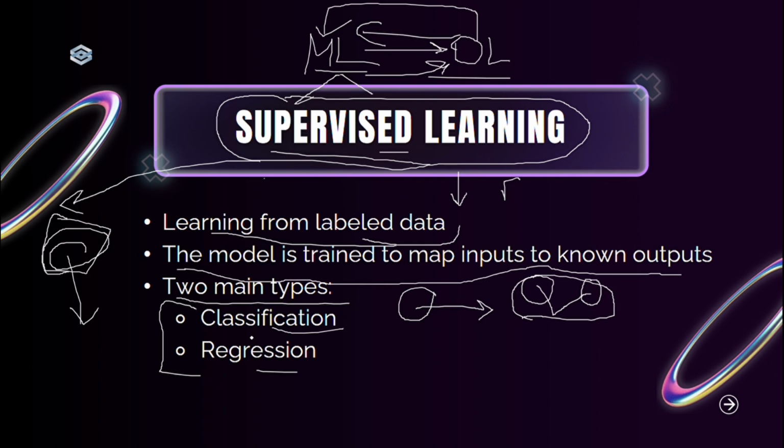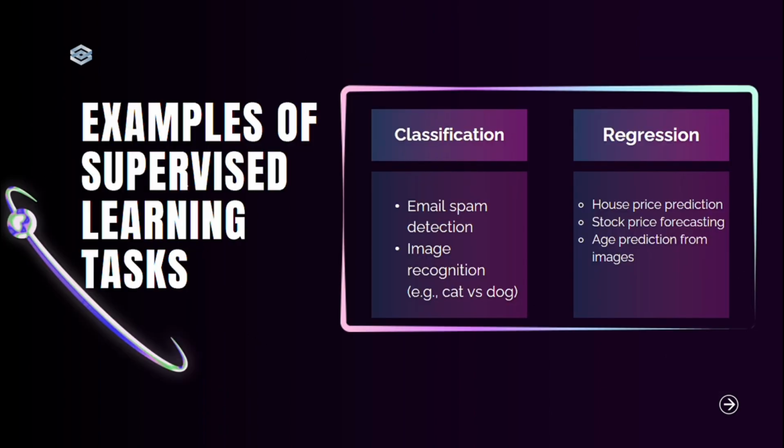So these are the examples of supervised learning tasks: classification and regression. What is classification? As I have mentioned here, the example is cat versus dog. Animals such as cats and dogs are classified into cats and dogs.